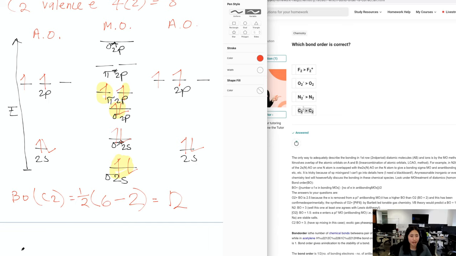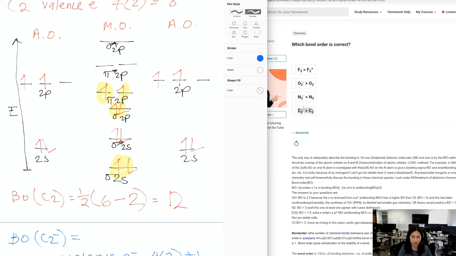So this is 2, and moving on to C2 minus. Bond order of C2 minus, again, we're looking for the valence electrons. Valence for C2 minus is 4 times 2 plus 1, because we're adding 1 electron.